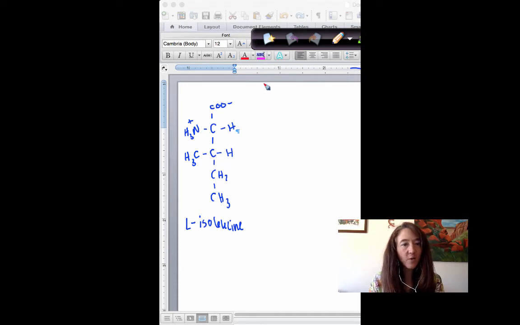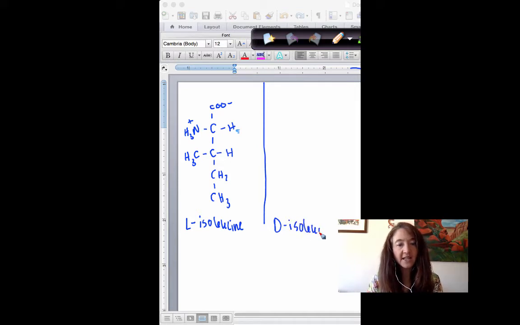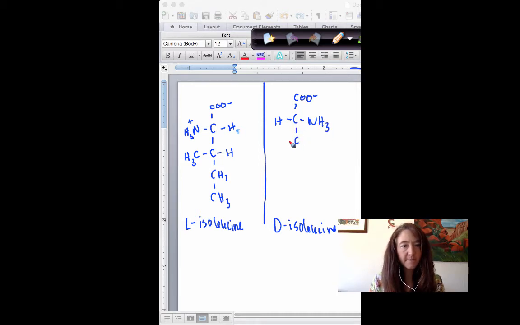But hey, look at that. We can now write the D stereoisomer or D enantiomer of isoleucine. So we know that's the second of our stereoisomers. So our D stereoisomer taking shape.